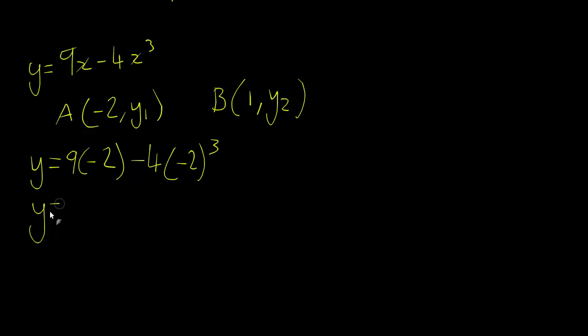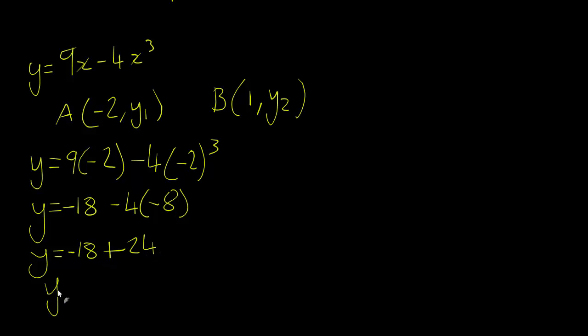So that will be minus 18. And then we're going to have minus 2 cubed is minus 8. So that's minus 18. Minus 4 times minus 8 is 24, like that. So y is equal to 6.